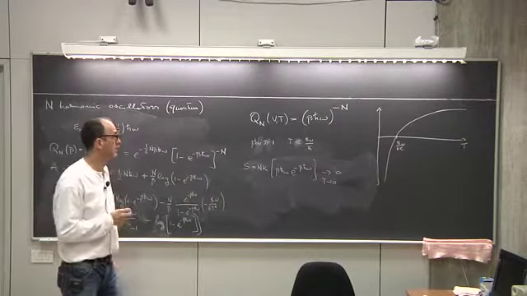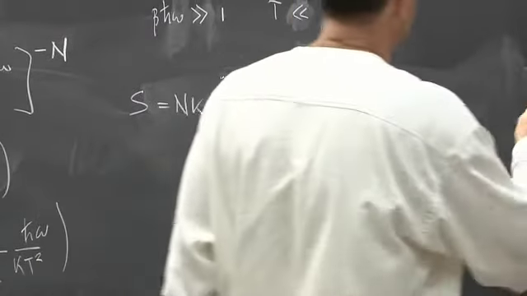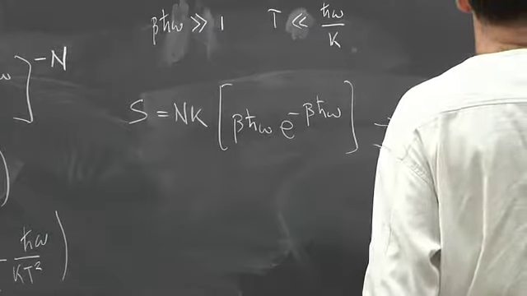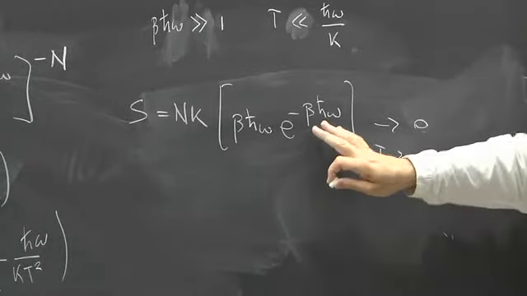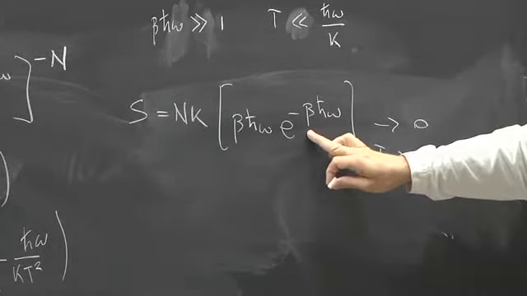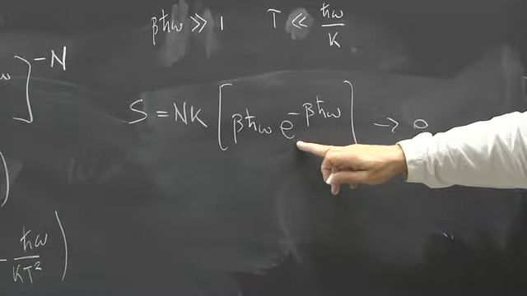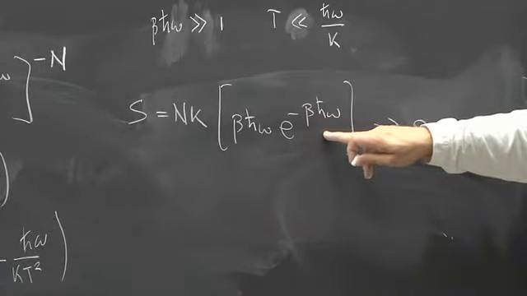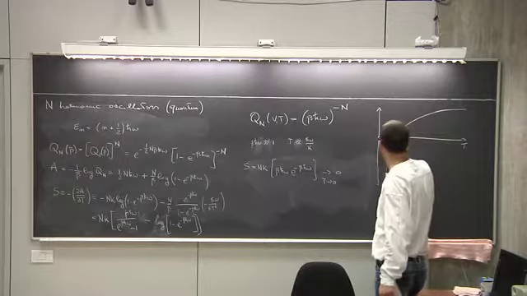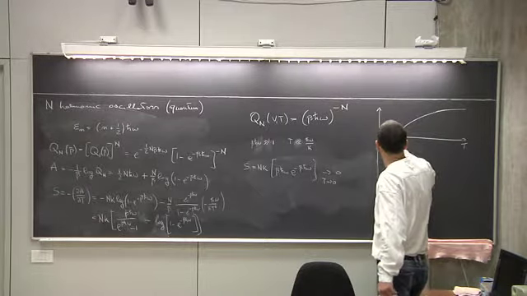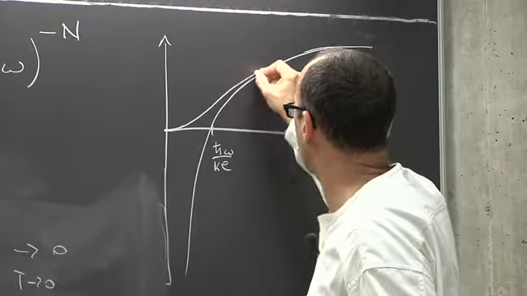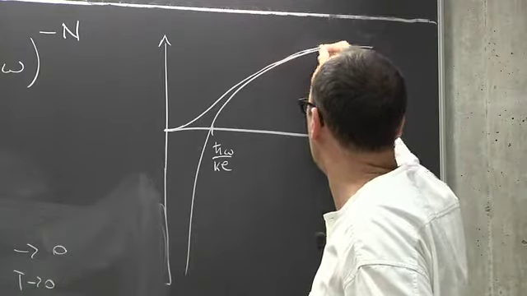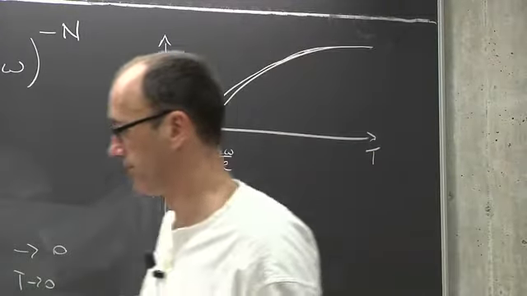Okay. So the quantum entropy will go to 0, and will go to 0 very fast as the temperature goes to 0, no? Because it will go to 0 as e to the minus h bar omega divided by kT. Okay, so it's very, very fast, and then it will go up.